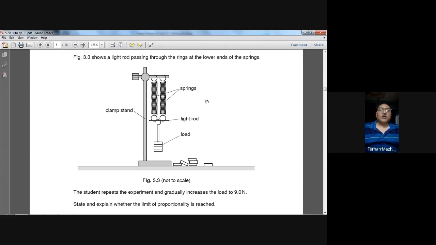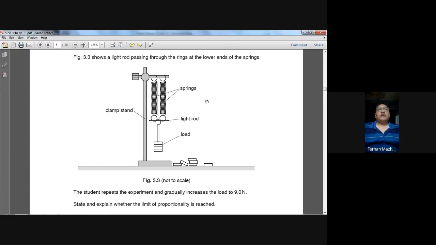The 9 Newton load will be distributed uniformly on each spring. So each individual spring will not be experiencing 9 Newton load. Each spring will be experiencing only 4.5 Newton load. So the load is equally distributed on both the springs.